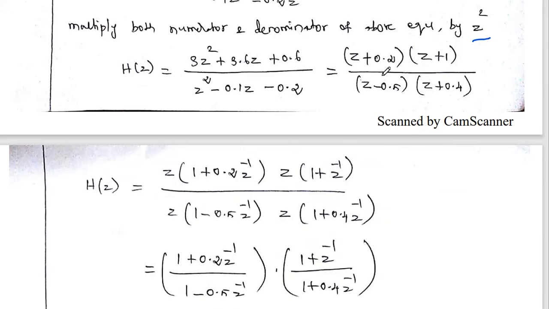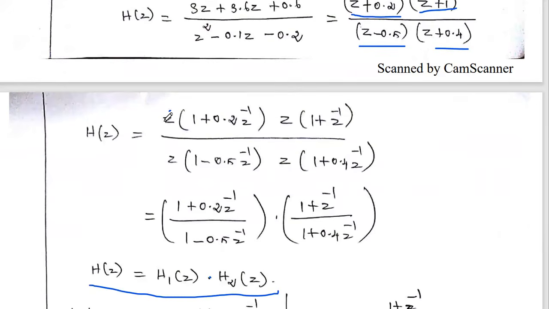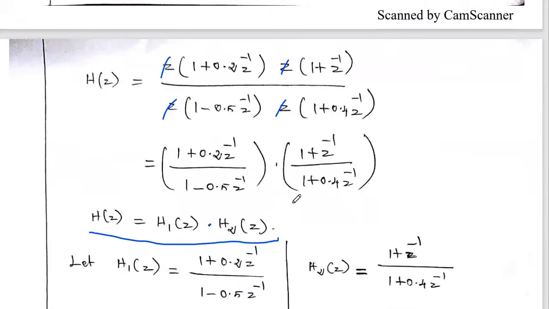To convert into negative z, from each term I take z as a common factor. In z plus 0.2, taking z common gives 1 plus 0.2 z inverse. Similarly, from the next term, z common gives 1 plus z inverse. Here z common gives z times (1 minus 0.5 z inverse), and similarly for the last term. Then the z's cancel, and now we have the four factors.